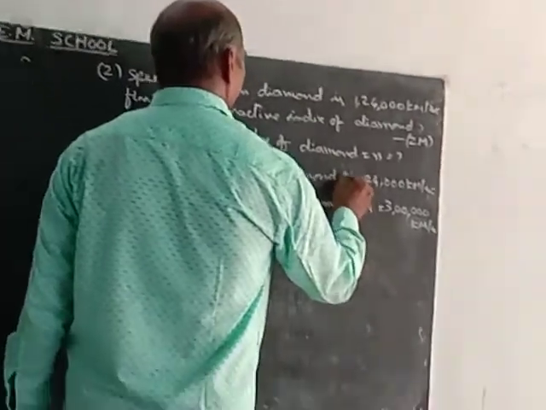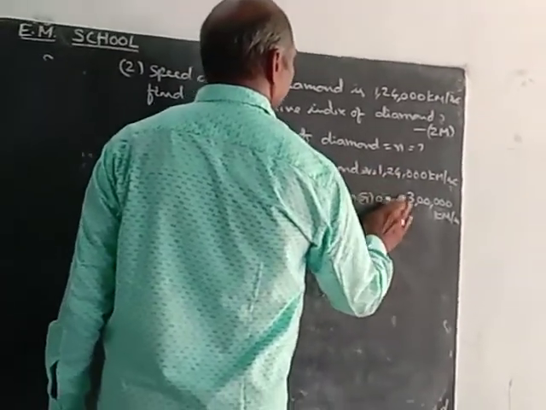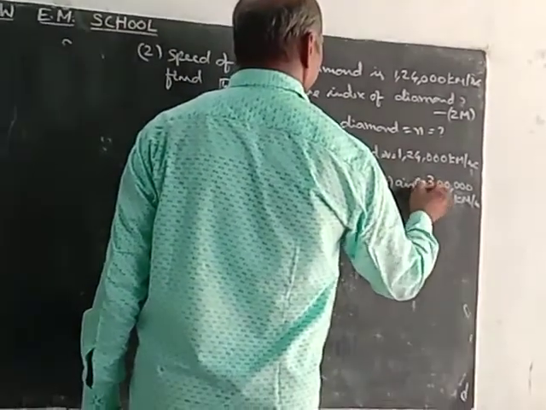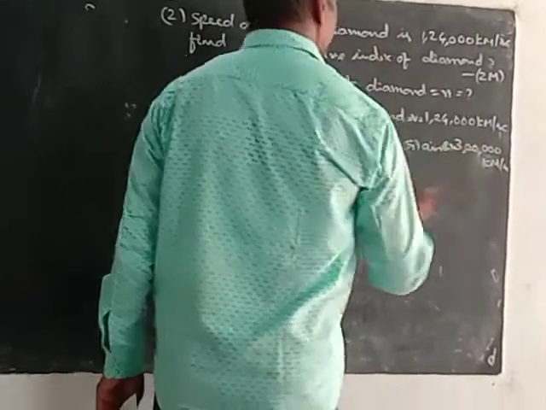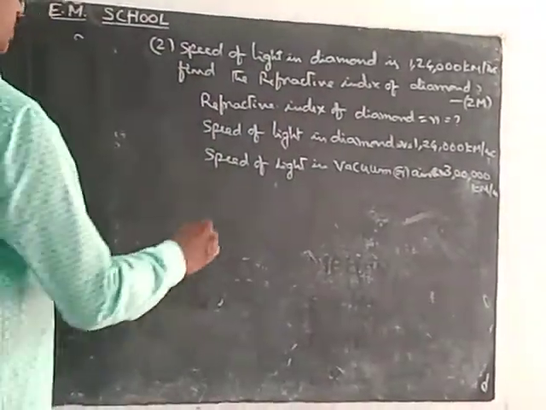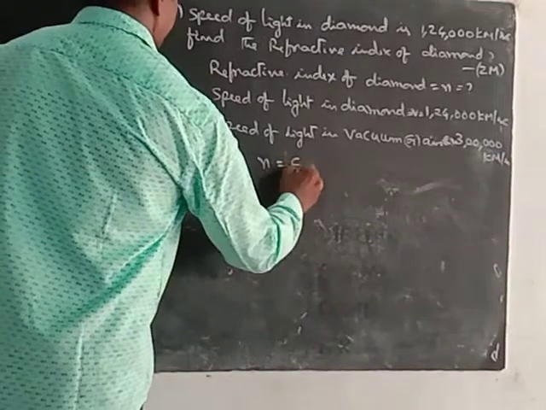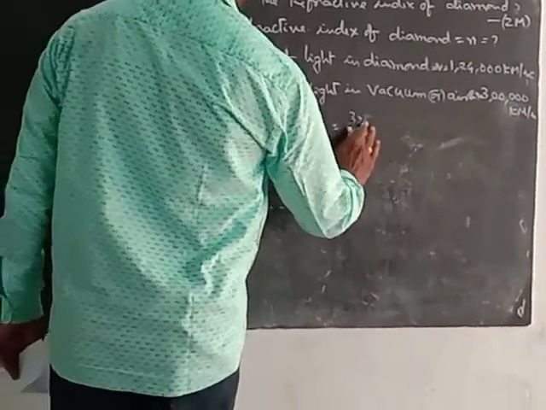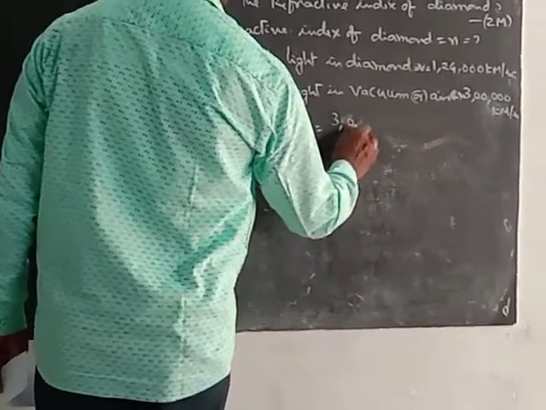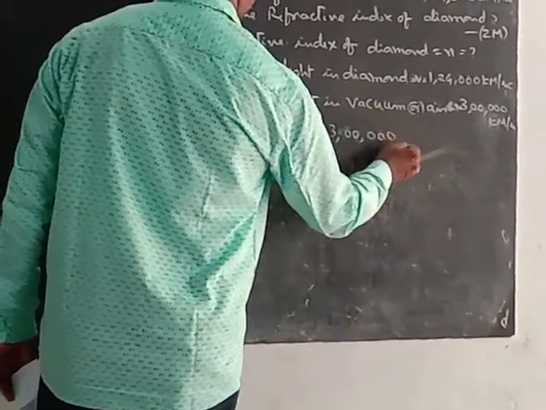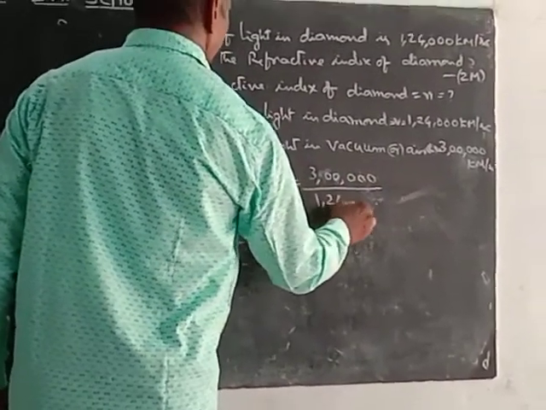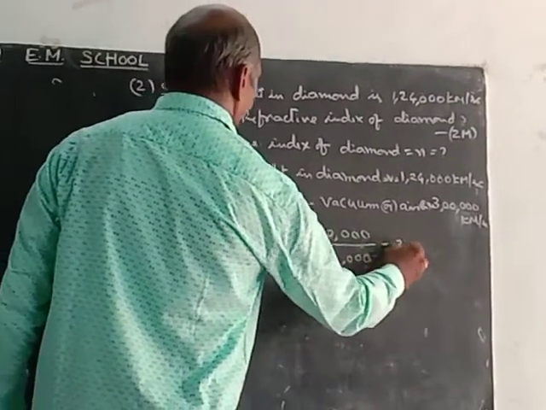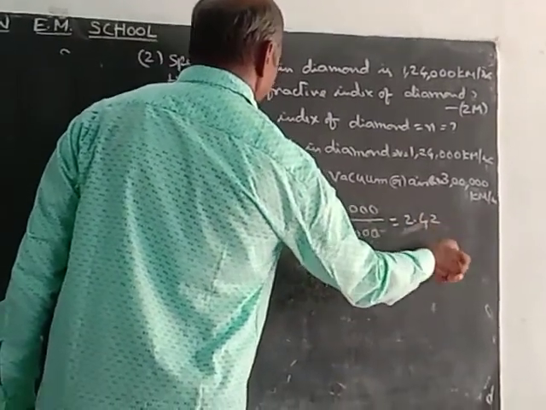Here this is the V, this is C. Here the formula is N is equal to C by V. That is 3 lakh kilometers by 1,24,000. By calculating, you get 2.4.